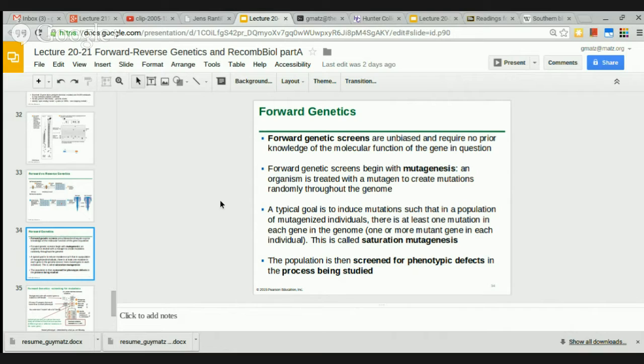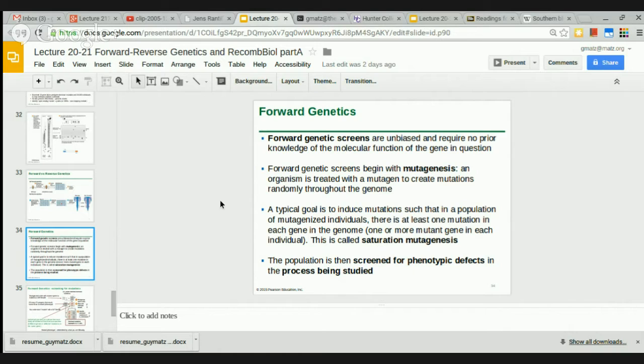Now we're going to talk about how you generate mutations and screen for them in what we call forward genetics. The real advantage to forward genetic screens, if you're interested in knowing how something works, is you come in with absolutely no bias.